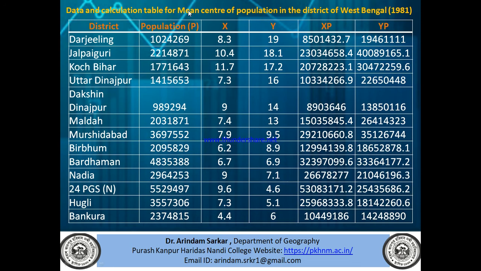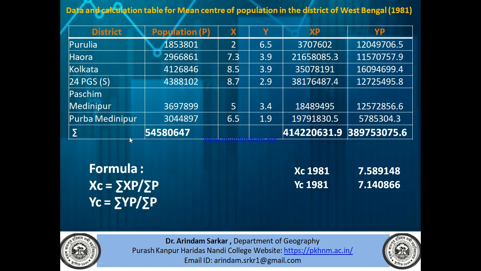That is the data and calculation table for the mean center of population in the districts of West Bengal for the year 1981. That is the district, the total population of the census year, the x distance, y distance, xp and yp. Now that is the summation of P, the summation of xp and yp, and that is the formula of the mean center along the x and y axis, xc and yc.